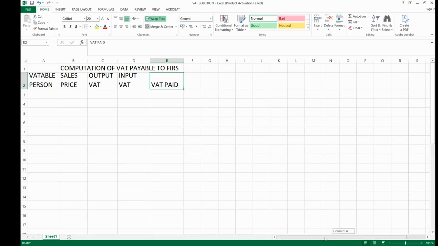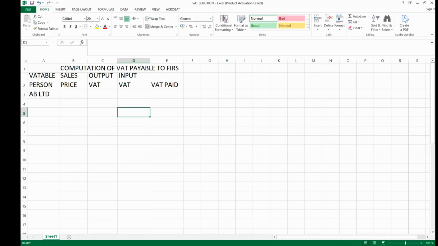So for the vatable person, if you look at the first thing, AB Limited supplies raw material to OB Limited for 500,000. That means AB Limited is the one selling, so the vatable person will be AB Limited.